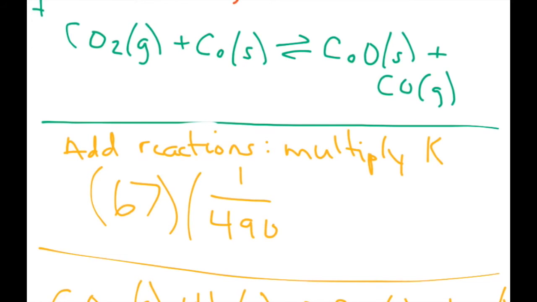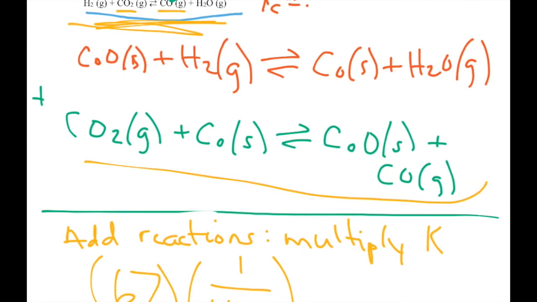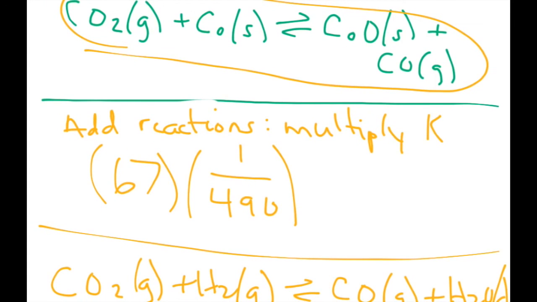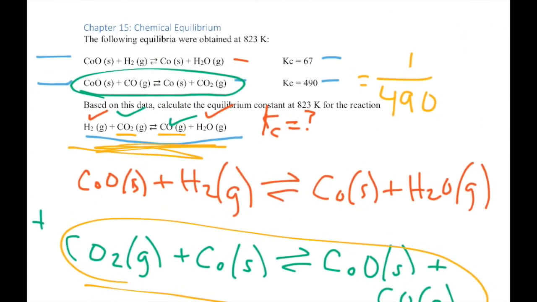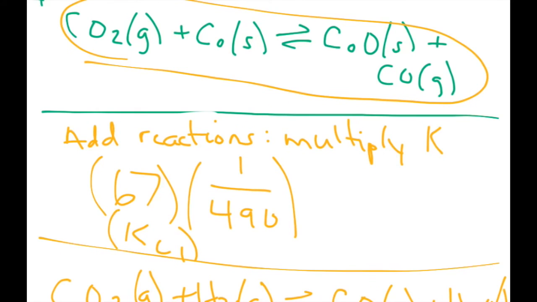So in the second reaction, because we inverted it in order to get those things to cancel, we take the inverse. So this is number 1, this is number 2. So we get Kc1 times 1 over the Kc2.